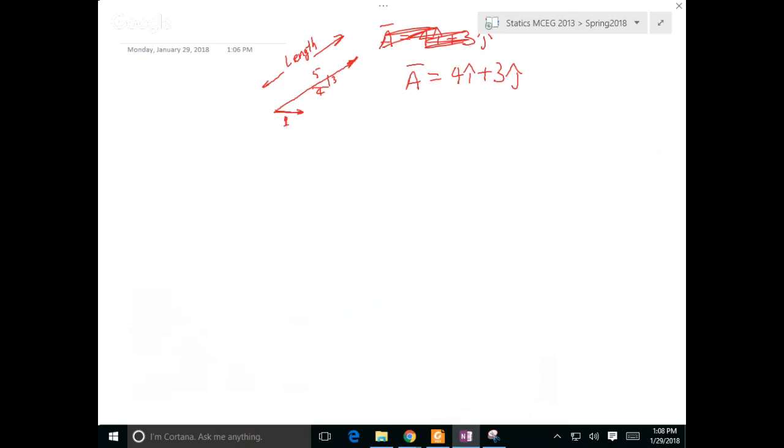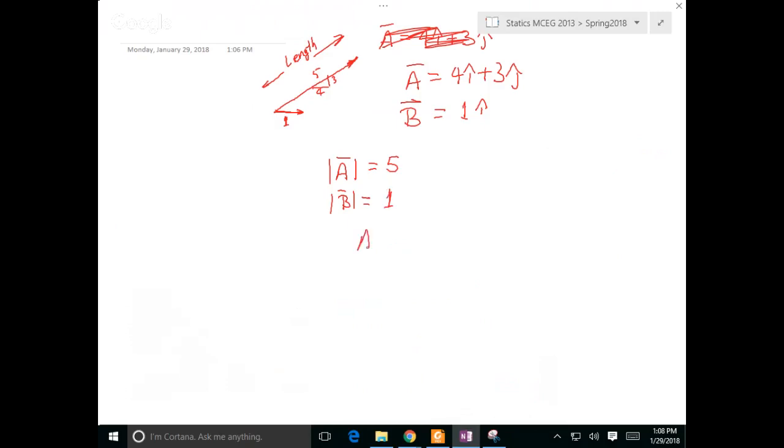Now let's say I had another vector that was of length 1. So B is nothing more than 1 times i. The length of A will be 5, and the length of B would be nothing more than 1.